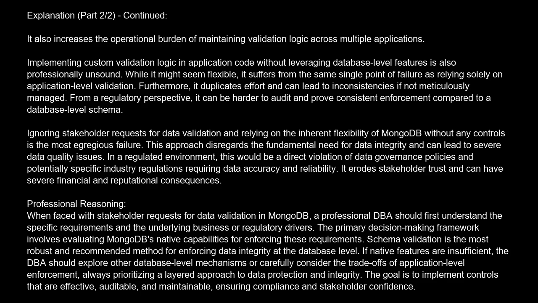If native features are insufficient, the DBA should explore other database-level mechanisms or carefully consider the trade-offs of application-level enforcement, always prioritizing a layered approach to data protection and integrity. The goal is to implement controls that are effective, auditable, and maintainable, ensuring compliance and stakeholder confidence.